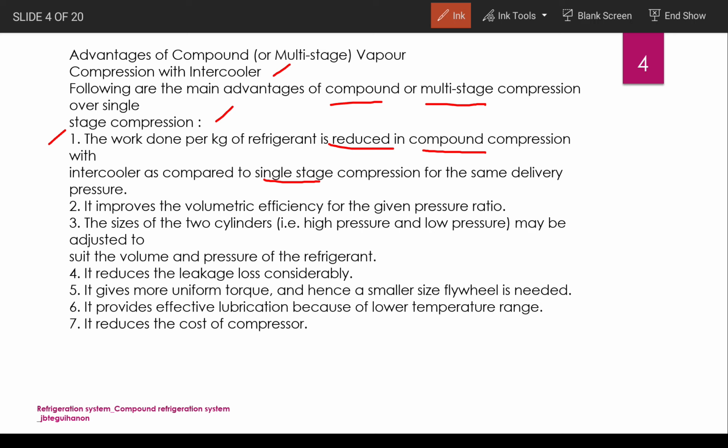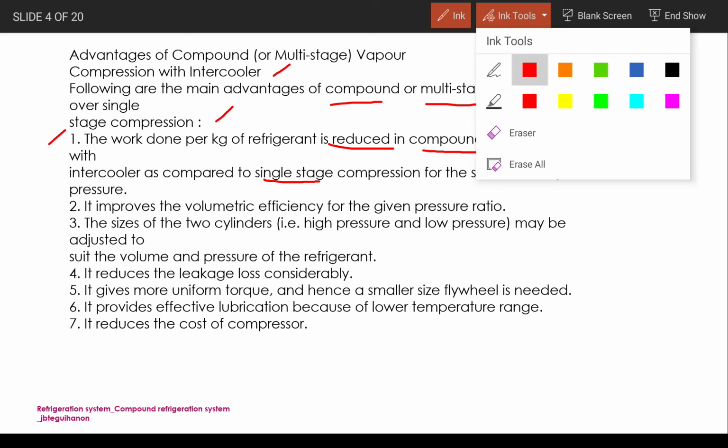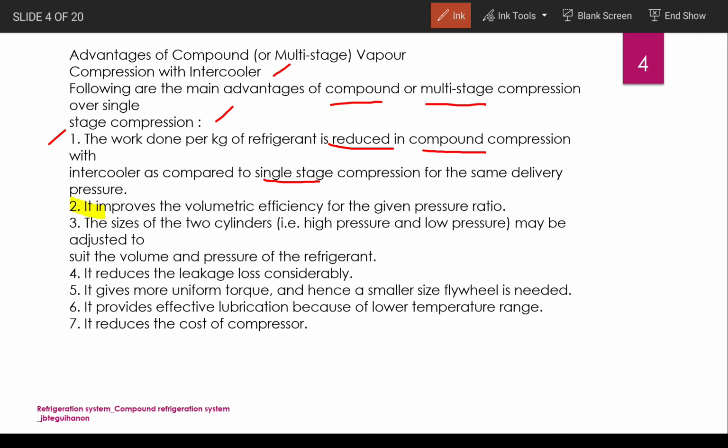Number two, it improves the volumetric efficiency for the given pressure ratio.